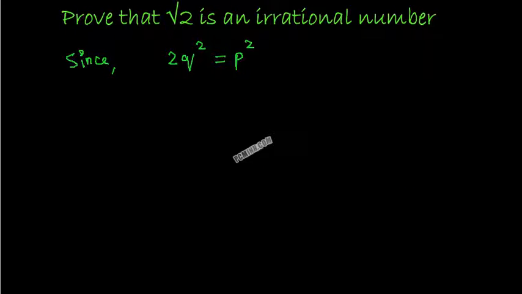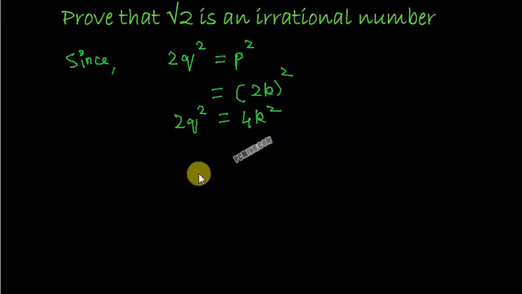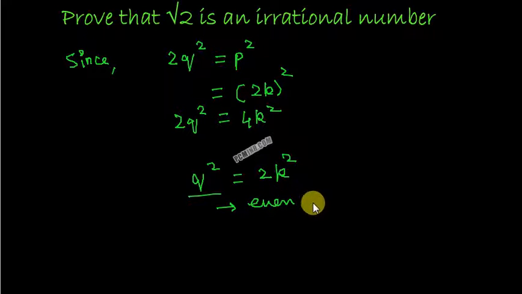Now since 2q square is equal to p square, we say 2q square is equal to 2k whole square, because we just assumed that p is 2k. This gives me 4k square. So 2q square is equal to 4k square. Therefore, q square is equal to 2k square. Now this gives me that q square is also an even integer, which means that q would also turn out to be an even integer.